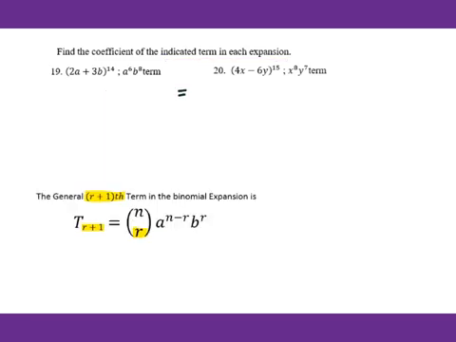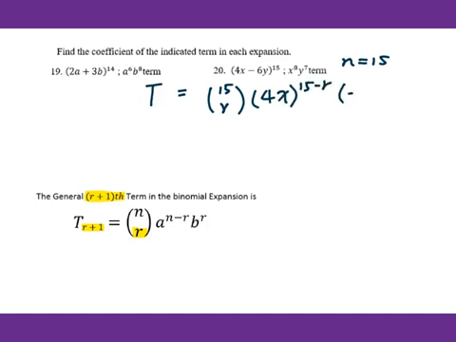For number 20, still we need the general form for that. T equals, n equals 15, so 15 choose r. Then 4x, we do 15 minus r's power. Then negative 6y, we do r's power.